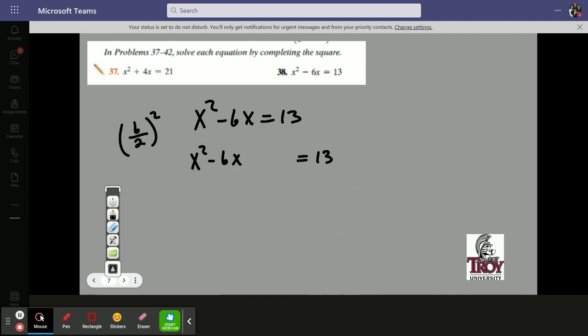What am I going to add to both sides? 6 divided by 2 squared gives me, yep, multiply to a positive 9, add to a negative 6. What's that going to break down to?